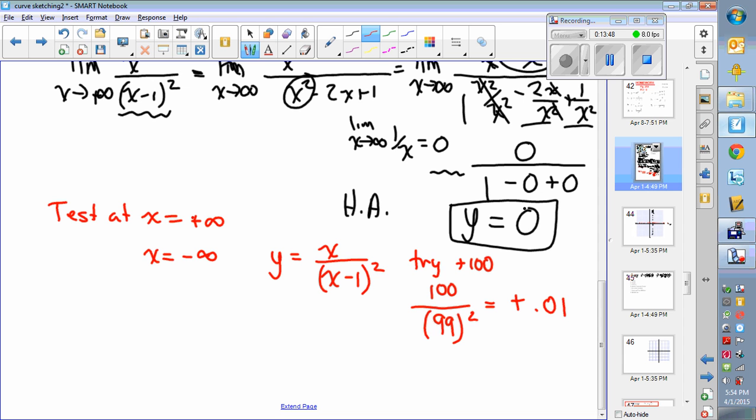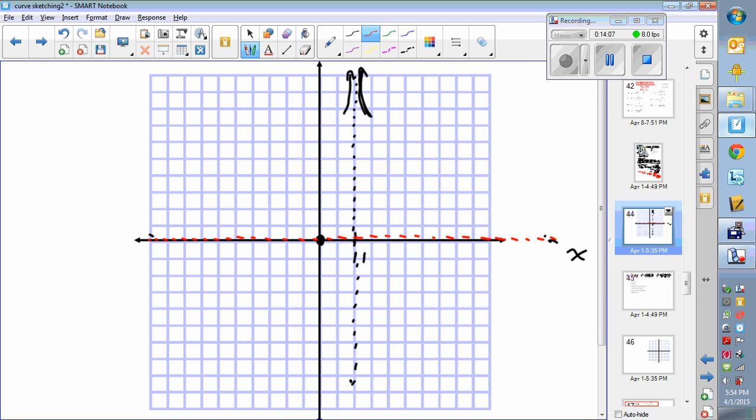Because the whole point is whether it's positive or negative. Is it above the 0 or below the 0? So it is above the x-axis. So when x is very large, the y value is above the x-axis. When x is very large, somewhere out here, the y value is just above the axis.